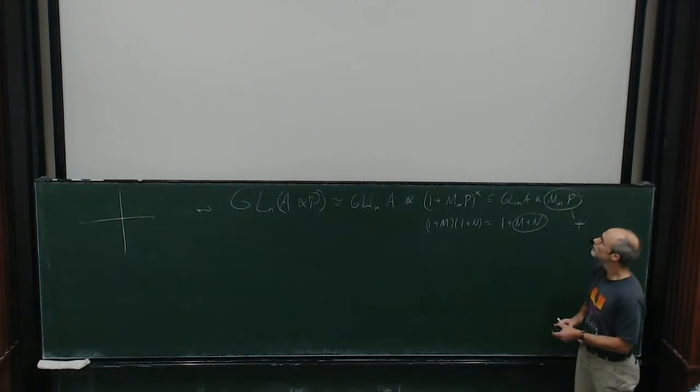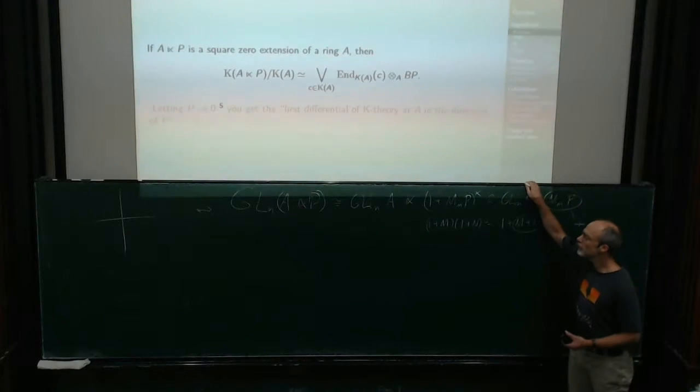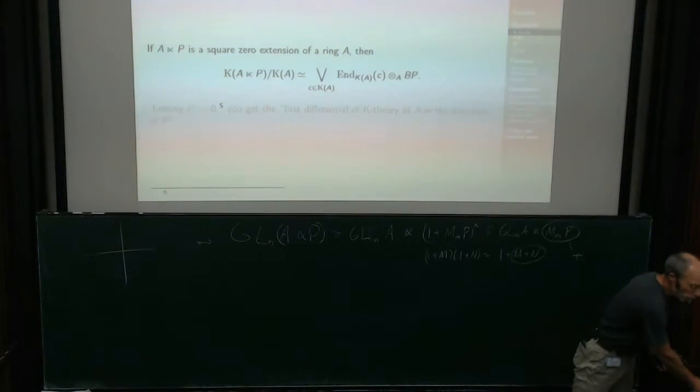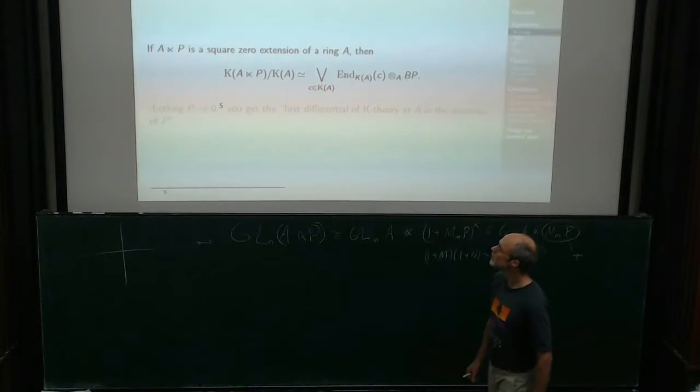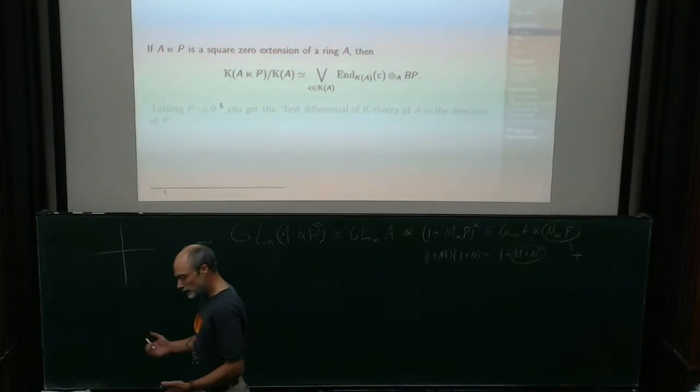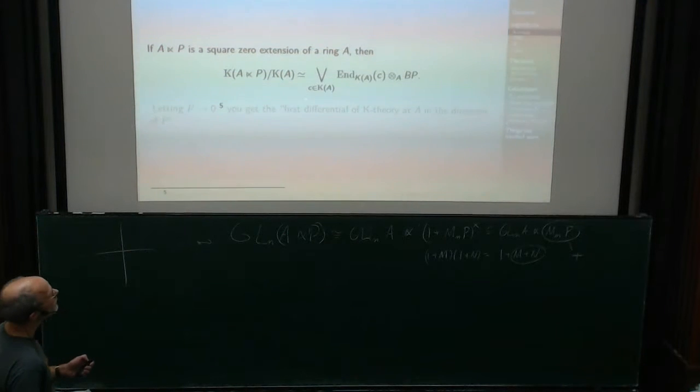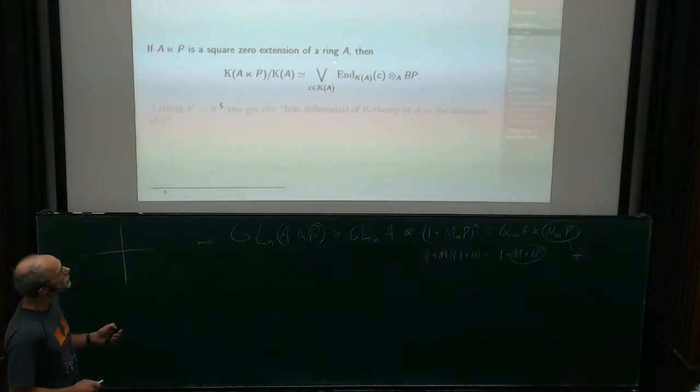Together with fun facts about the S dot construction, this boils down to the following equation. If you take K-theory of A and you add this tiny P, which is so small that its square is 0, and then you divide out by K-theory of A, that you subtract K of A, what you get is a wedge over the objects in this category.